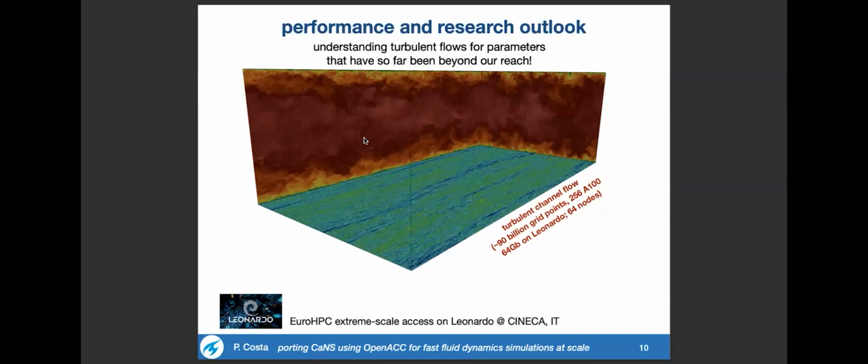This is a colorful fluid dynamics picture of a simulation with 90 billion grid points on Leonardo, which ran on 256 A100 GPUs. And I'm really excited to tell you that the wall-clock time per step per grid point is very small, about 4.9 nanoseconds on these A100 GPUs. So we are really thrilled with the performance that we were able to achieve.